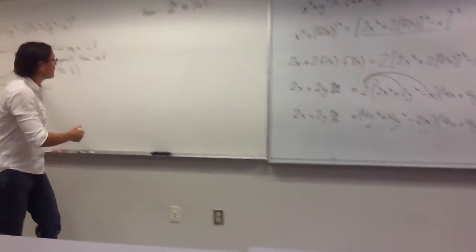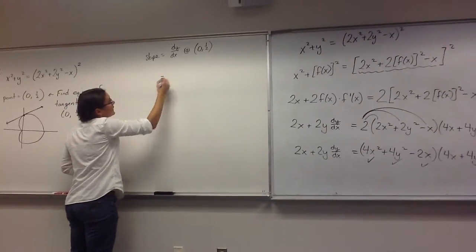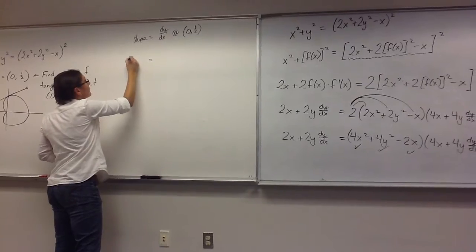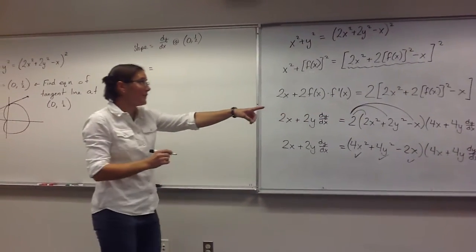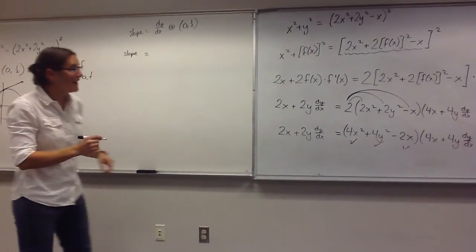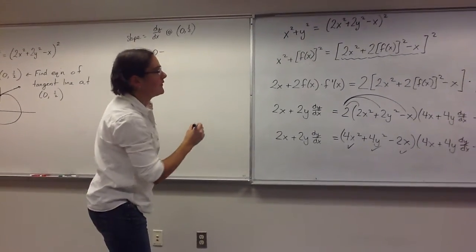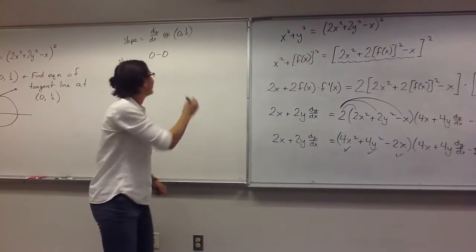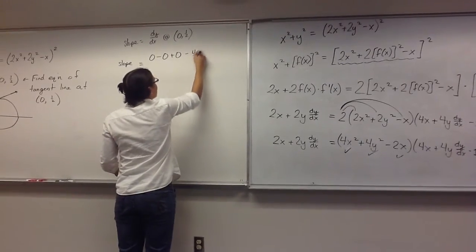All right, so I'm going to leave our picture up here. And so our slope is our derivative at 0, 1/2. So let's see here. We've got 16 times, oh, I love zeros. Zeros are fabulous. All right, so we have 0 minus 0, plus 0, and then minus 4y squared, so minus 4 times 1/2 squared.